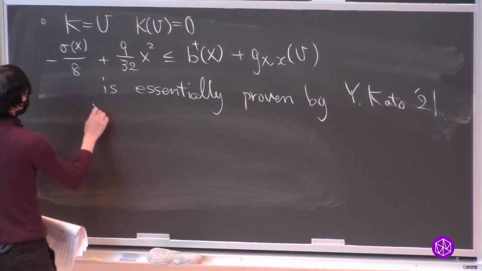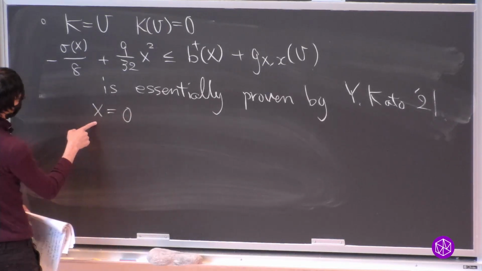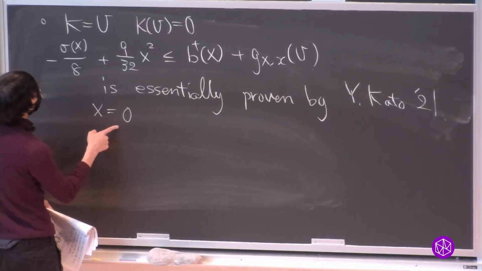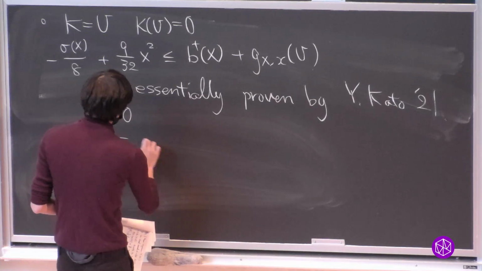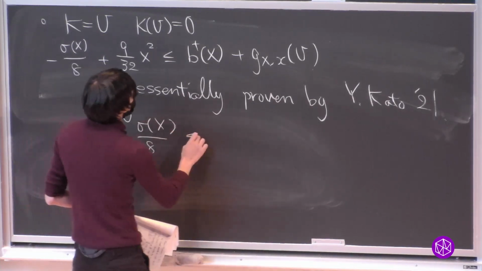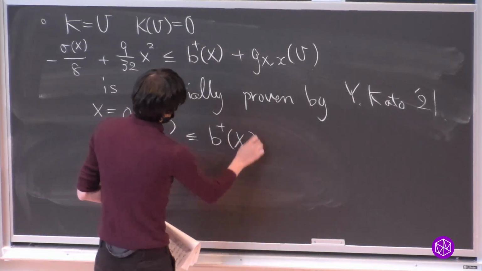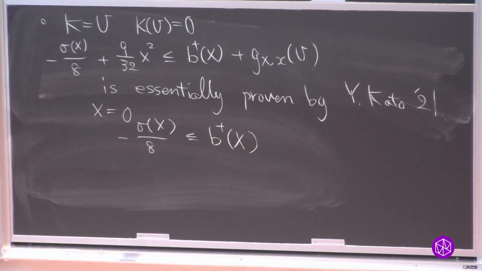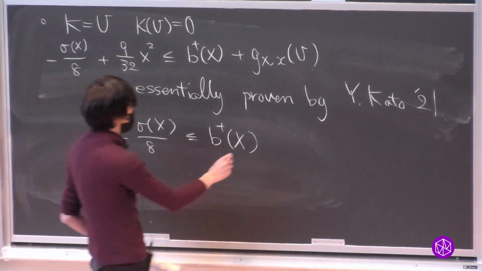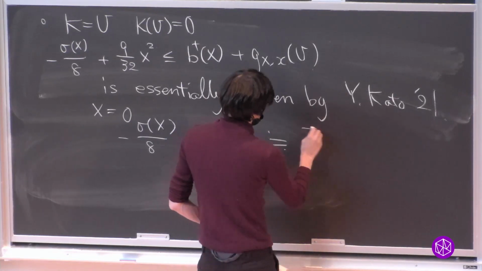And let's simplify again by putting x as 0. Then this inequality is nothing but this inequality. And this inequality is almost nothing but Furuta's 10/8 inequality.